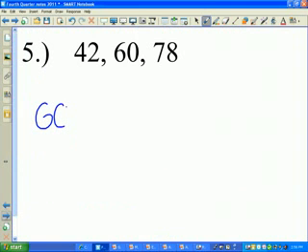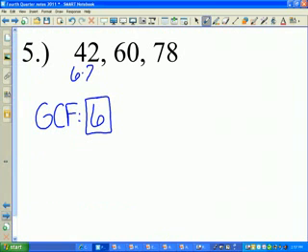So hopefully you said your greatest common factor is 6. Let's think about it. 6 times 7 will give me 42. 6 times 10 will give me 60. And 6 times 13 gives 78. They all have 6's in common.